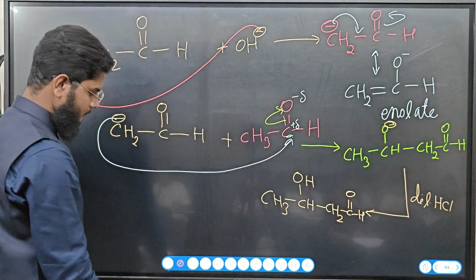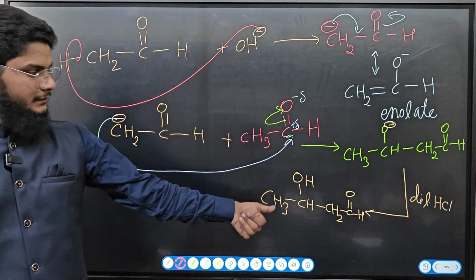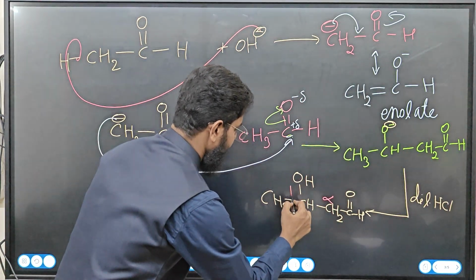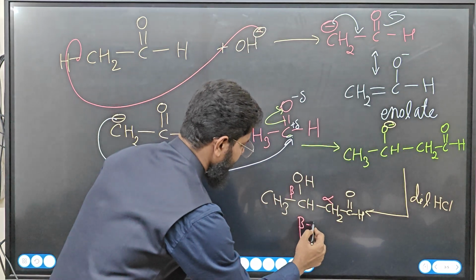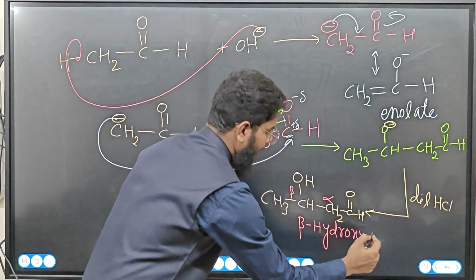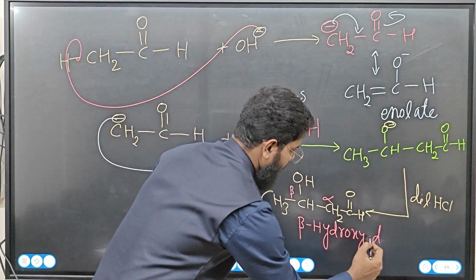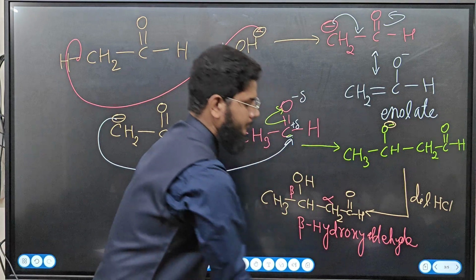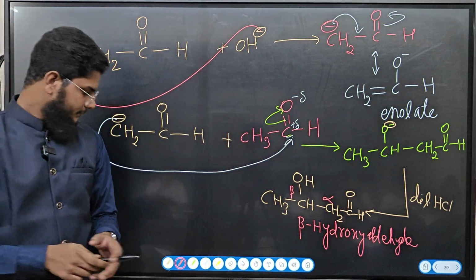This is your alpha carbon and this is your beta carbon. This is your beta hydroxy aldehyde.